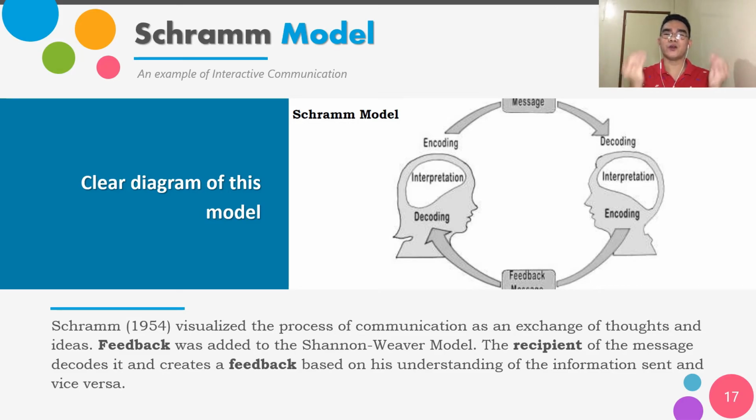I hope you understand what we are discussing right now, and it's very easy to understand because this is just a circular motion, right? It's easy to understand if we already know how the participants, the sender and the receiver, exchange information with each other.